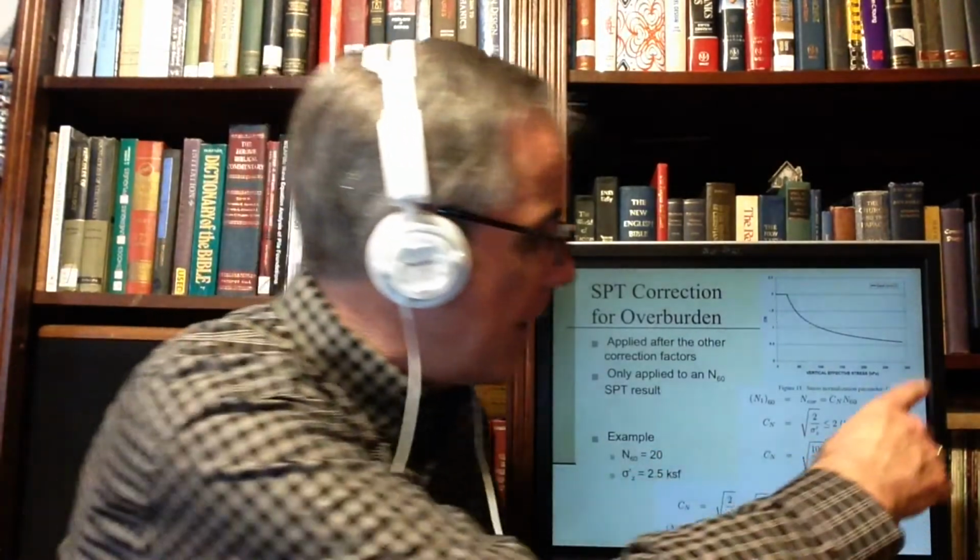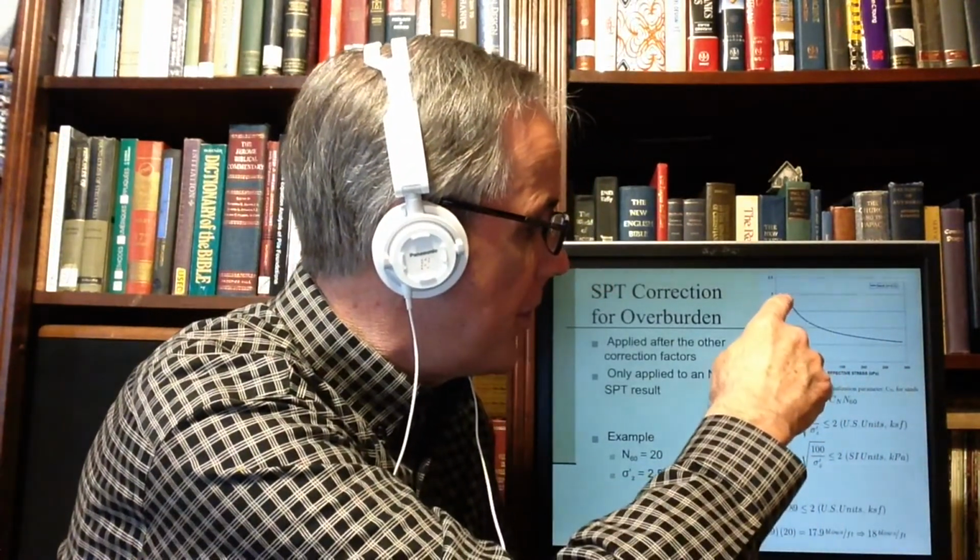You basically divide that by your overburden and take the square root. If the value is above 2, you stop, and you can see that coming up here to 2, and then it comes over. That's one correction, and you simply plug and chug to get it.